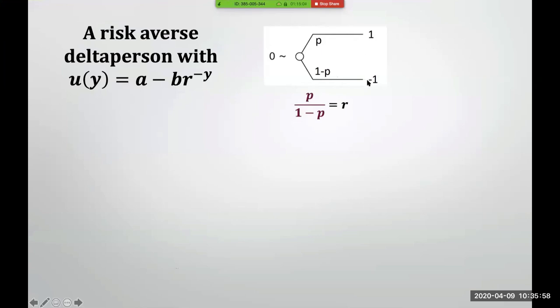If we have a $1 stake, or if we're looking at a binary deal of winning or losing $1, and if we have someone called a Deltaperson who has this utility function, then the risk odds for that person in the binary deal is equal to R. However, if we look at another binary deal of winning or losing M dollars, or when M dollars are at stake, then the risk odds of this Deltaperson is equal to R raised to the power of M. So as it turns out, there is a relationship between the risk odds for $1 and the risk odds for M dollars, right?